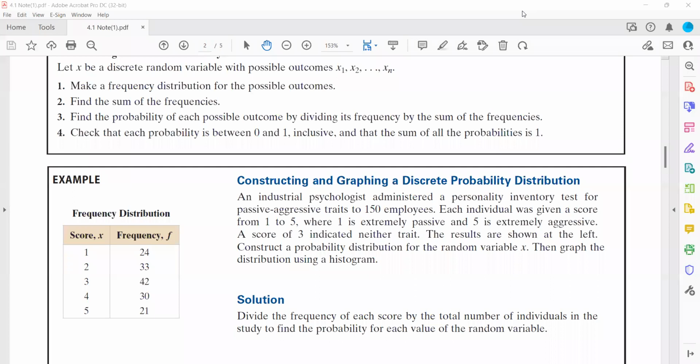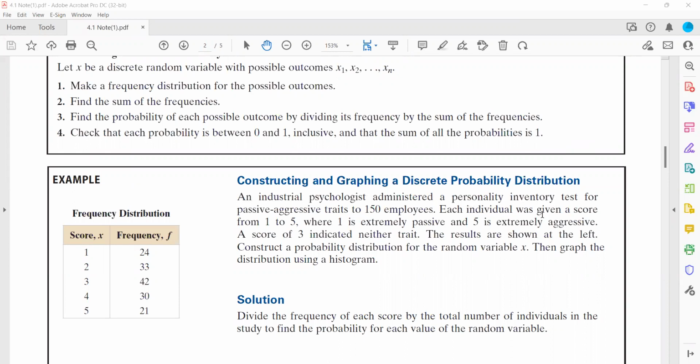Let's take a look at the following example. You're the statistician, and this is the research paper that you saw. Constructing and graphing a discrete probability distribution. An industrial psychologist administered a personality inventory test for passive-aggressive traits to 150 employees in a company.